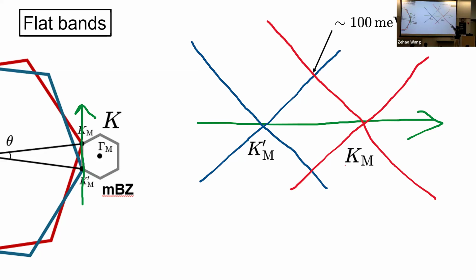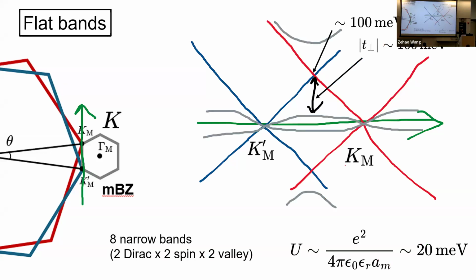The energy of this intersection is set by the slope of this line, which is the Fermi velocity, and the spacing between these Dirac momenta, which is set by the twist angle. If you plug in the numbers for the magic angle of 1 degree, you find that this energy is around 100 millielectron volts. Now, let's slowly turn on this interlayer hybridization.